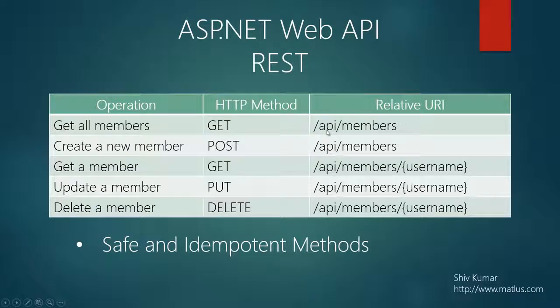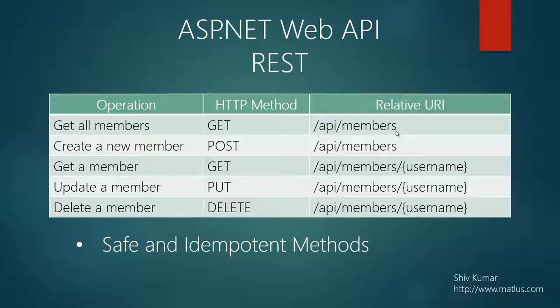So in this case, let's say we have a relative URI that has API/members, and if we use the HTTP GET method, then that would imply get all members. Why? Because we didn't specify a specific member that was identified by either a username or ID or whatever uniquely identifies a member in your system.